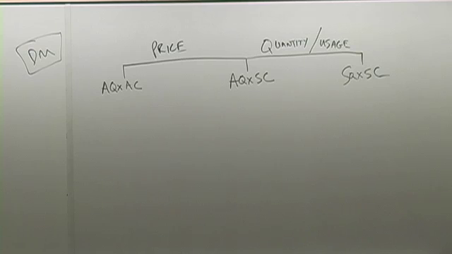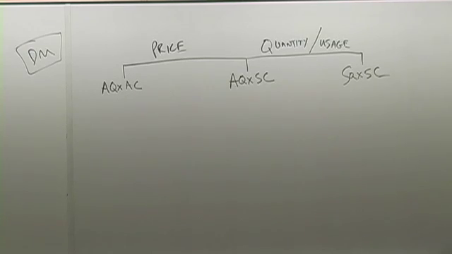Actual quantity times actual cost, actual quantity times standard cost, standard quantity times standard cost. Evan, you have them written down? Yes, sir. So what are the letters underneath the staples? Read them left to right.